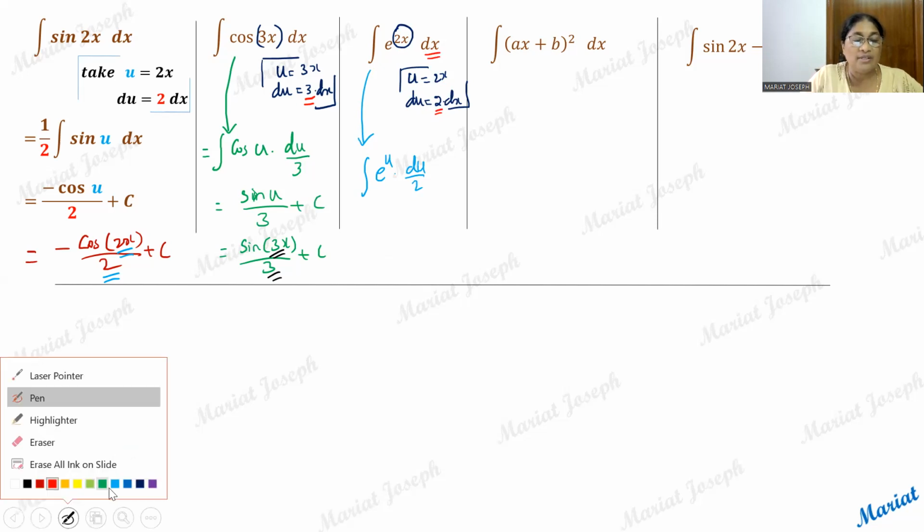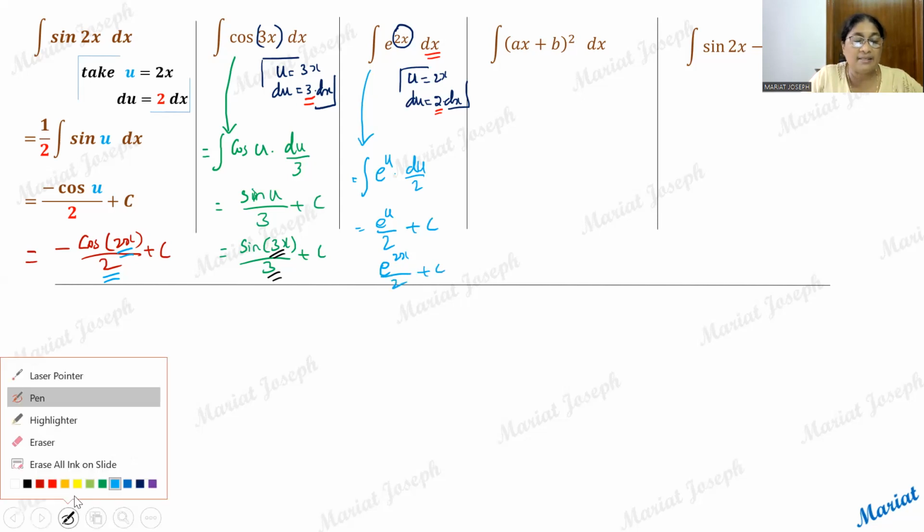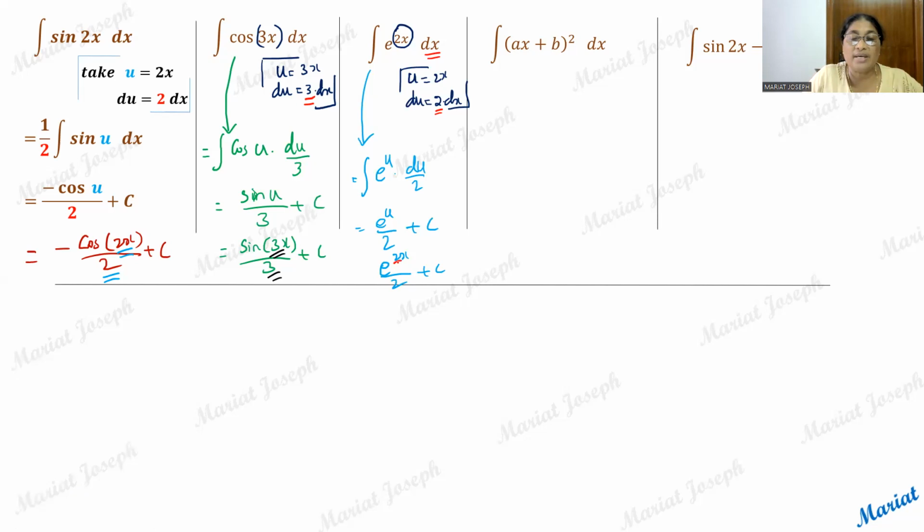So integral of e raised to the power u is e raised to the power u itself, and upon the 2 is there, plus c, and then u is replaced as 2x: e raised to the power 2x upon 2 plus c. Notice again, since there was a 2x there, we got to divide by 2. That's it.